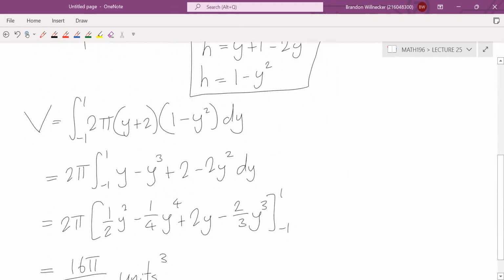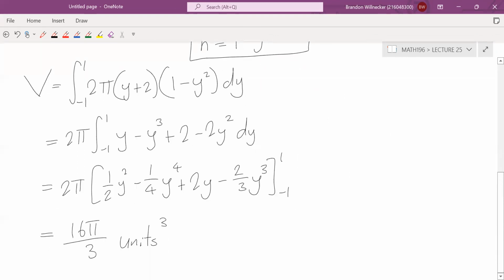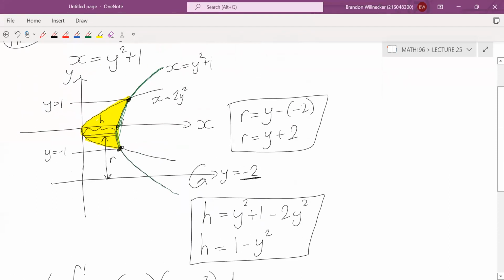So besides the integration, that's pretty easy to do. The only thing different here is that this axis of rotation has been shifted to y equals -2. But we do exactly the same thing as if we were doing the disk method or the washer method.